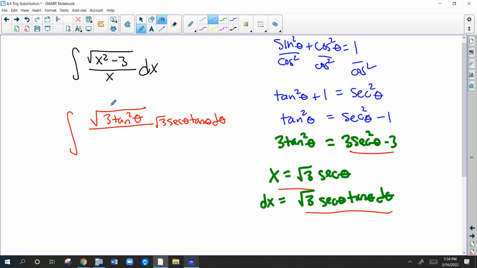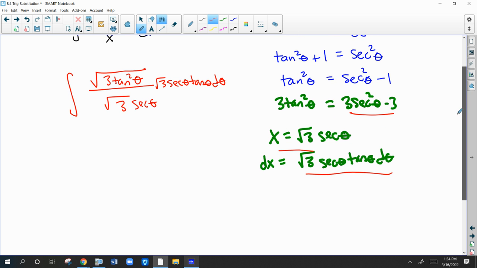And on the bottom we have an x, which is root 3 secant theta. So that's our integral. Hopefully we get enough cancellations that everything's going to work out nice. Square root of 3 is a square root of 3. Square root of tangent squared is tangent.